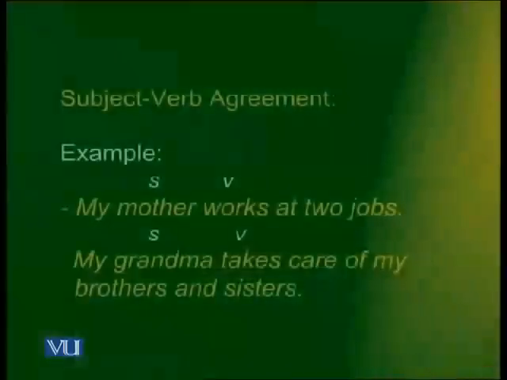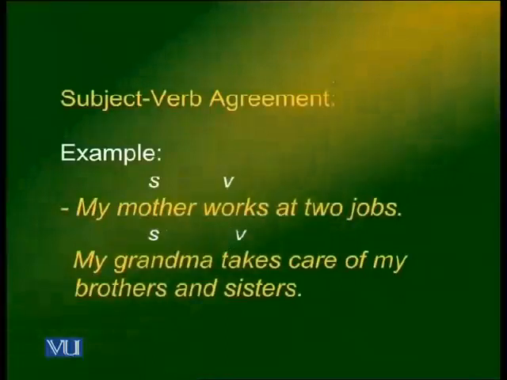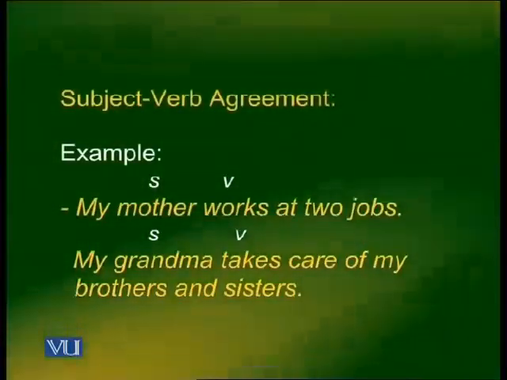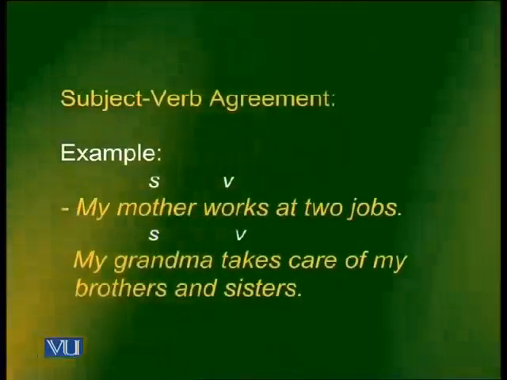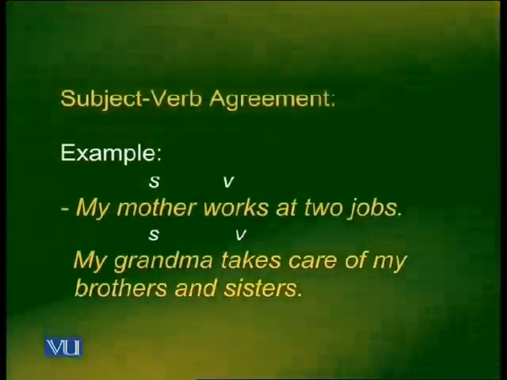Take the simple sentence, my mother works at 2 jobs. My grandma takes care of my brothers and sisters. Now this is a straightforward sentence. Over here, the subject is mother.